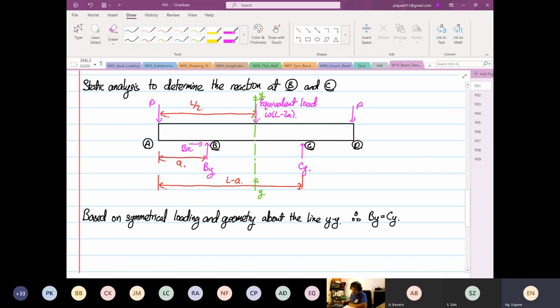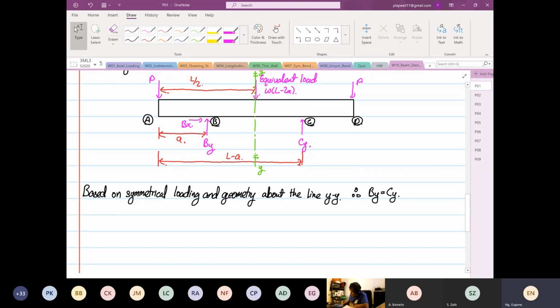So from here, we can immediately go for summation of forces in the y direction is equal to 0. So you have minus P plus By, right? Then you have minus omega times L minus 2A plus Cy minus P, the whole thing will be equal to 0.